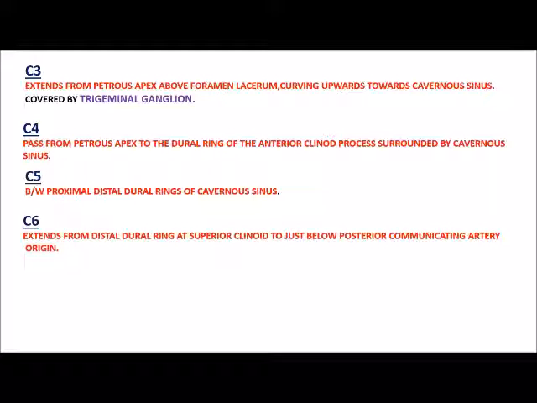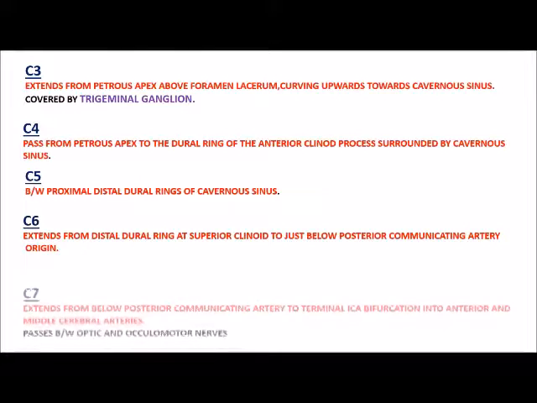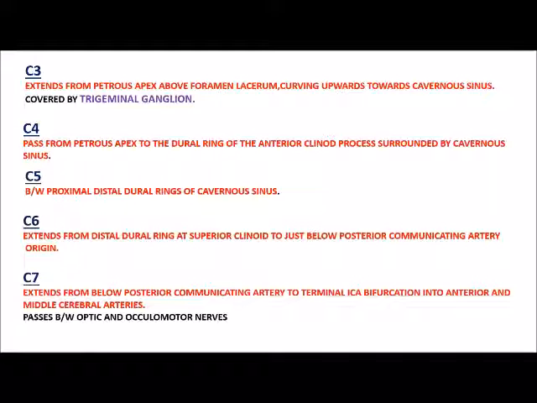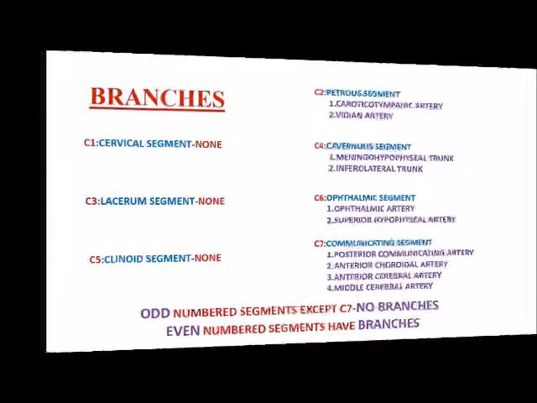C6 segment extends from distal dural ring at superior clinoid to just below posterior communicating artery origin. C7 segment extends from below posterior communicating artery to the terminal internal carotid artery bifurcation into anterior and middle cerebral arteries. It passes between optic and oculomotor nerves.